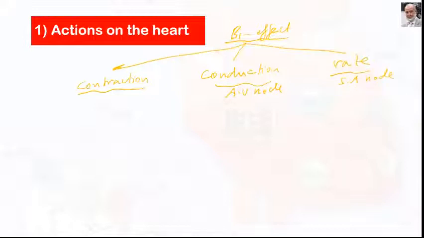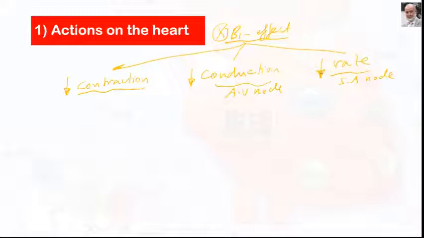Therefore, blocking the beta-1 receptor means we block all this activity in the heart. It will decrease contraction, decrease conduction, and decrease rate. These three actions will produce certain indications and certain side effects as well.